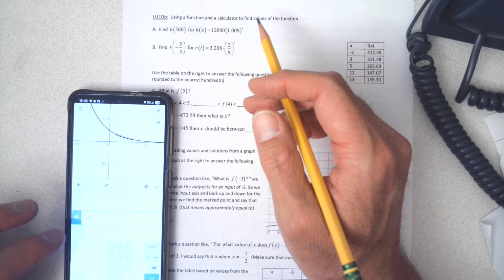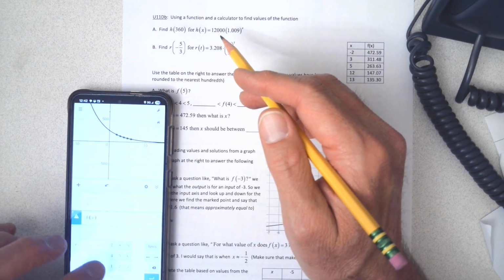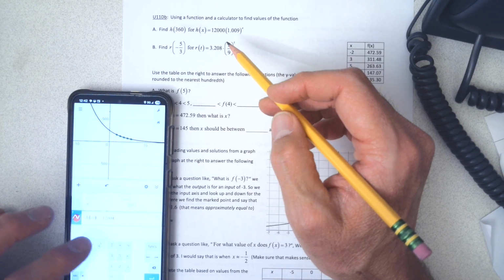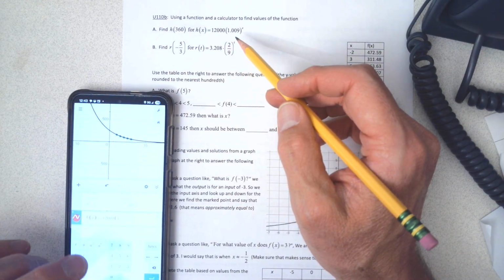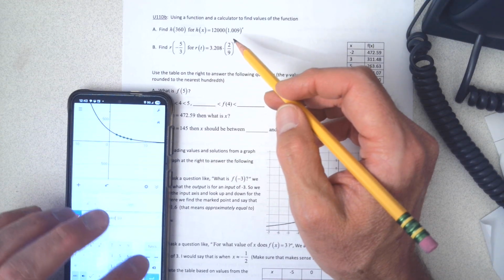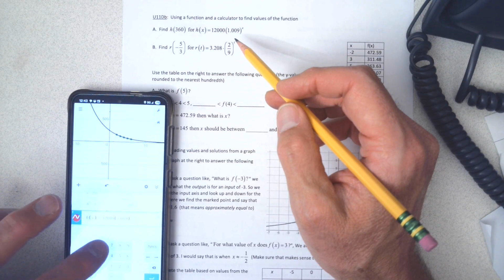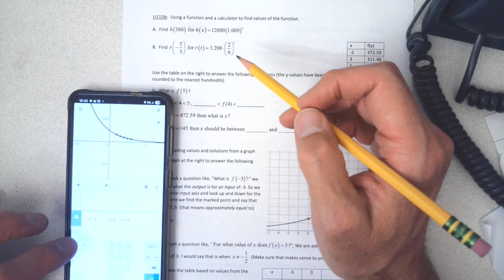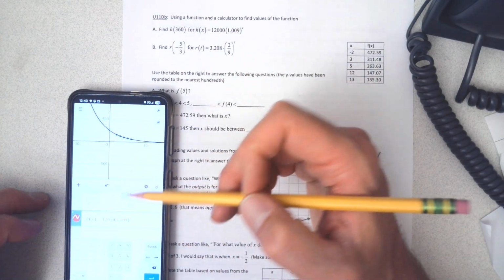of x, and we say that's equal to 12000 times, in parentheses, 1.009, close the parentheses, raised to the x power. It matters that I use an x there if I use an x there.